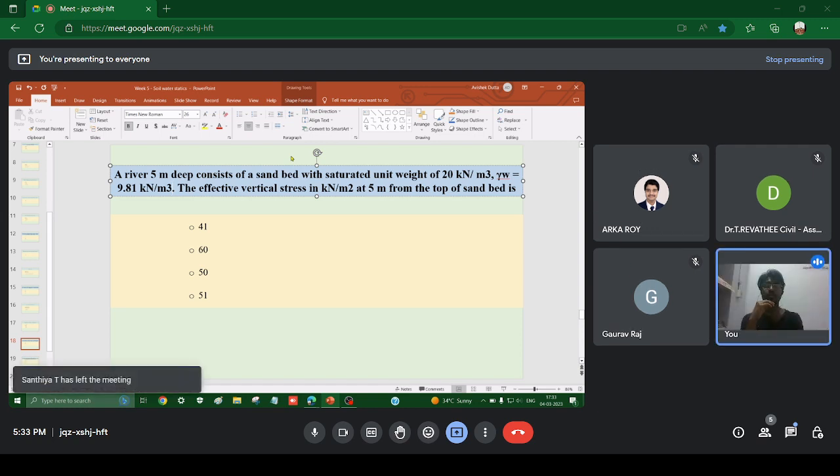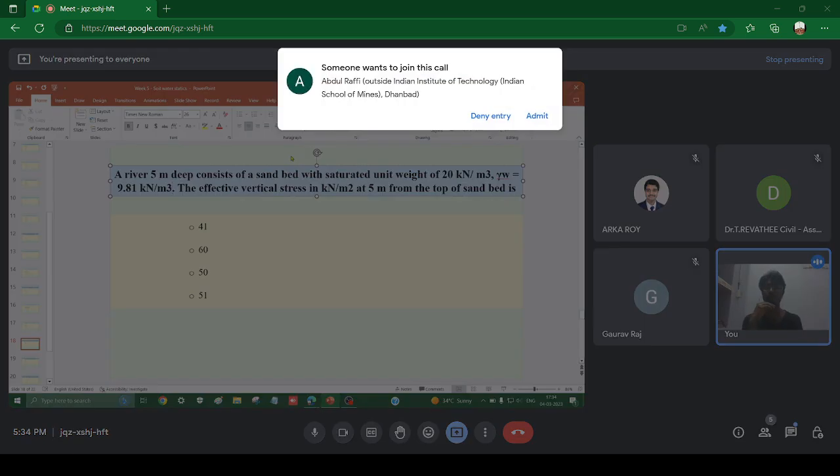I'll repeat the question. A river 5 meter deep consists of a sand bed with a saturated unit weight of 20 kilonewton per meter cube, and gamma W is given over here as 9.81 kilonewton per meter cube, so we need to assume it as 10.